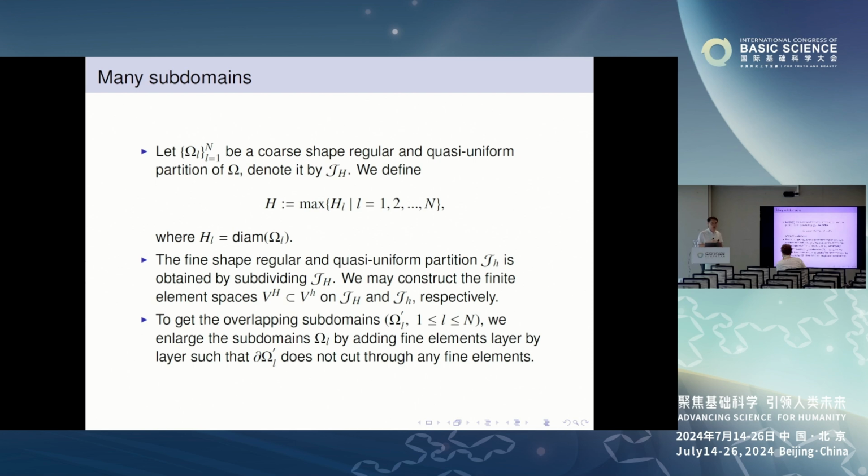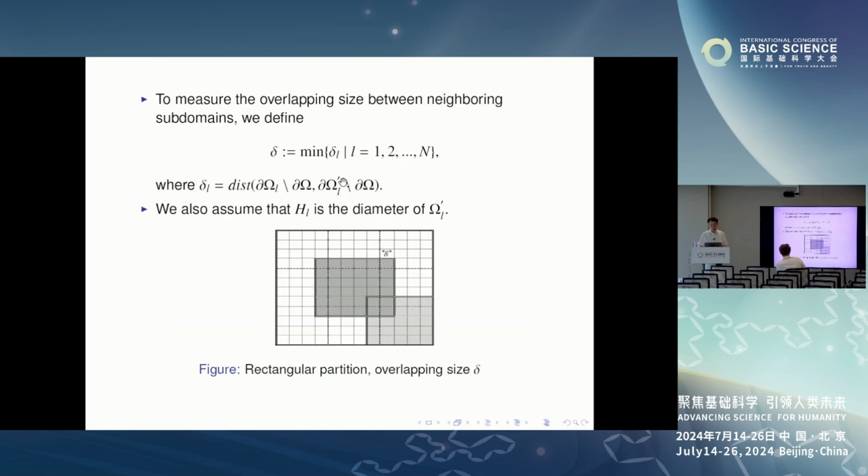The two subdomain case is just the idea. So in this case, we let Omega l, l equal to 1 to capital N, be a coarse shape-regular, coarse uniform partition of Omega, which we denote by T capital H. For example, if we solve a partial differential equation on the whole domain like this, for simplicity we just consider this rectangle.